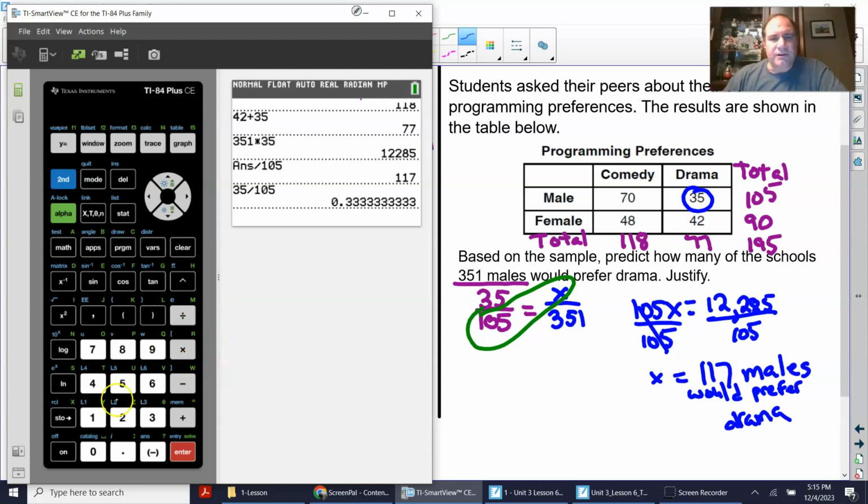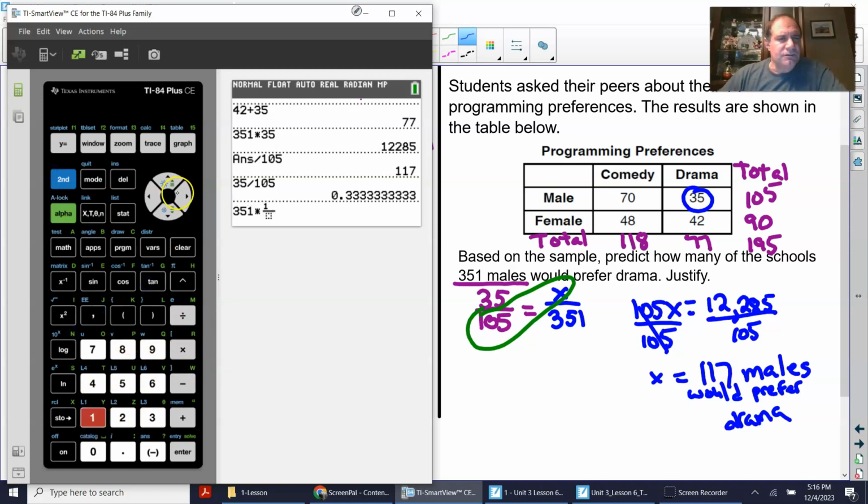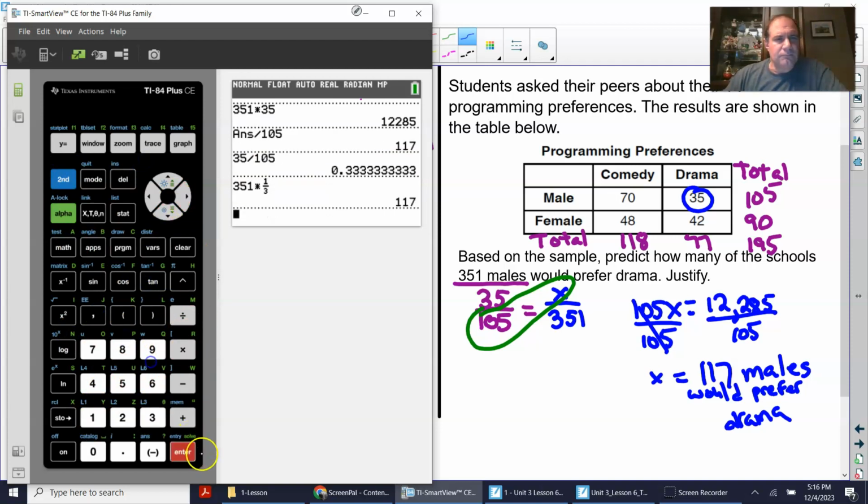So 35 divided by 105 is 0.33333333, which equals 0.33 with a line on top.